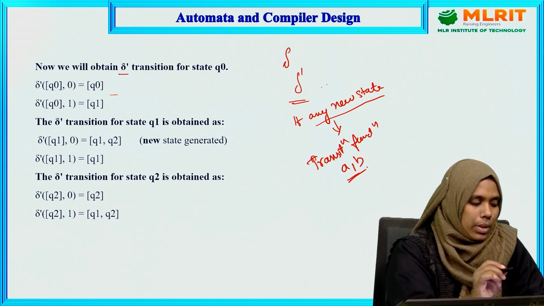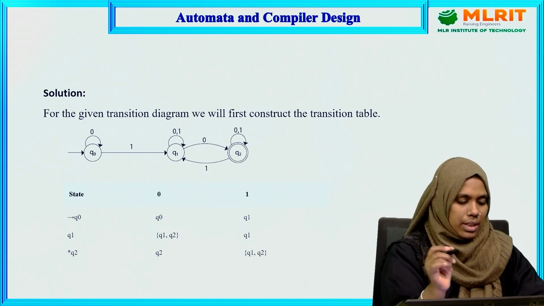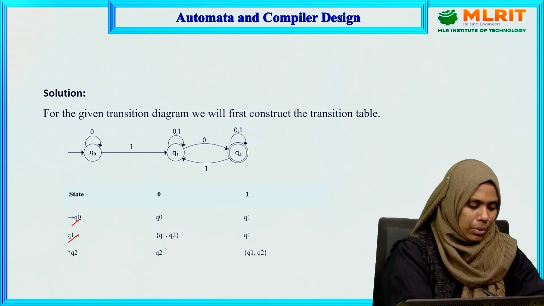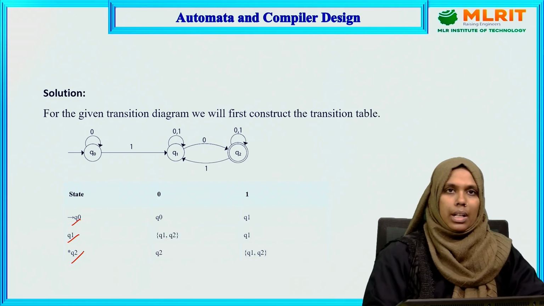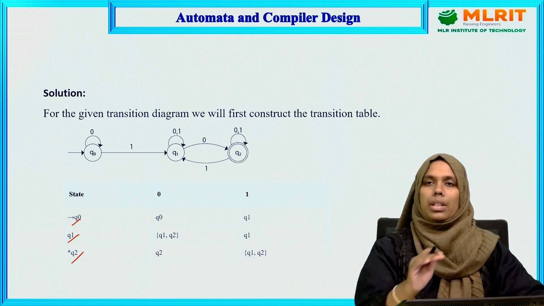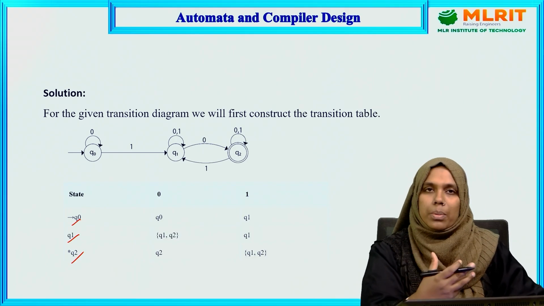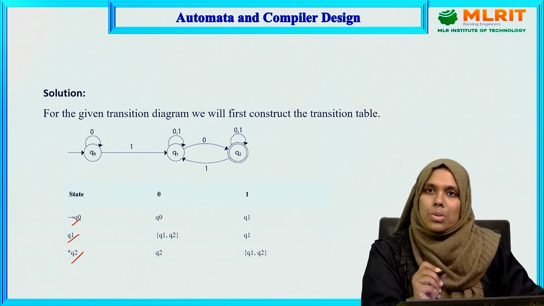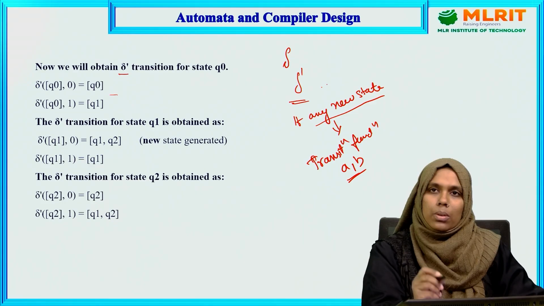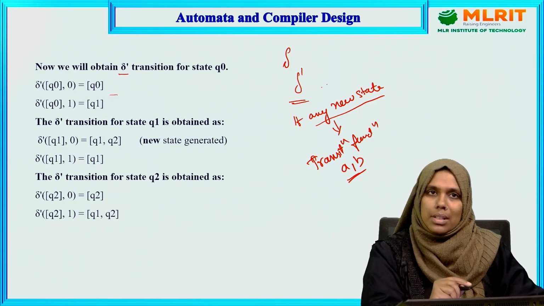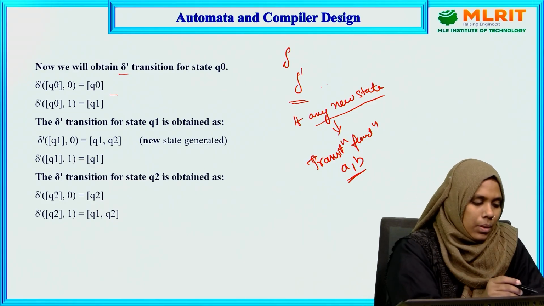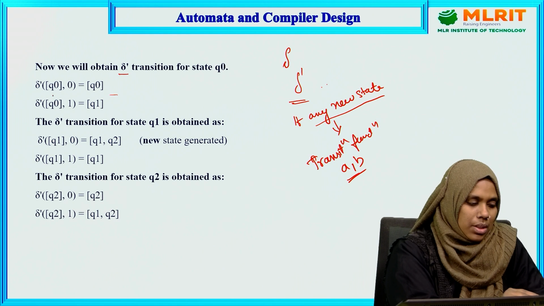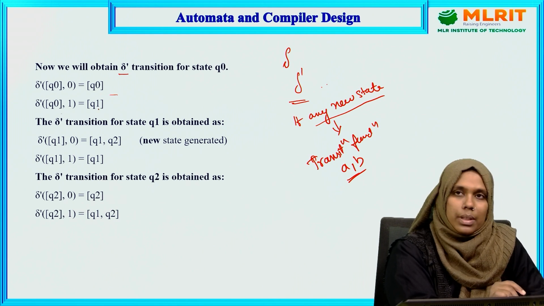What are the old states we have? Q0, Q1 and Q2 on the left hand side. Apart from Q0, Q1 and Q2, if we get any other state, that will be considered a new state, and for that new state you have to form a transition function. Already we have described δ' of Q0, 0 is Q0 and δ' of Q0, 1 is Q1.